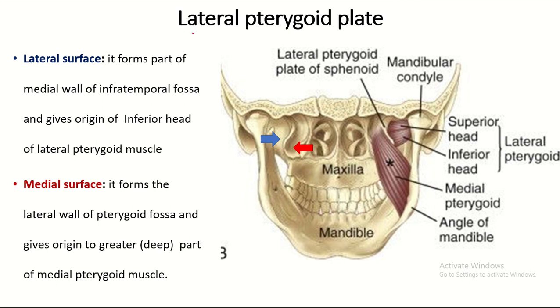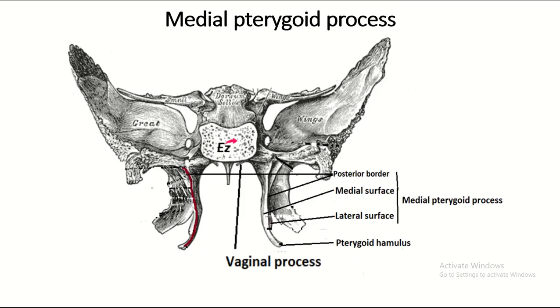So both sides of the lateral pterygoid plate are attached to muscles. The lateral surface is attached to the lateral pterygoid muscle, and the medial side is attached to the medial pterygoid muscle.